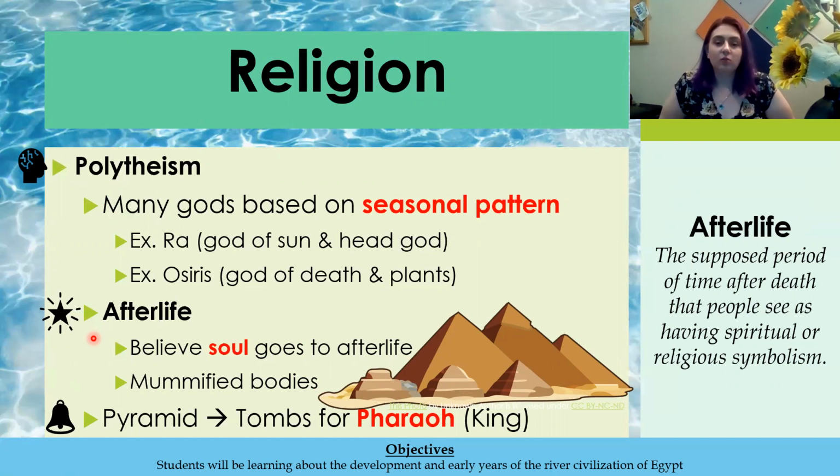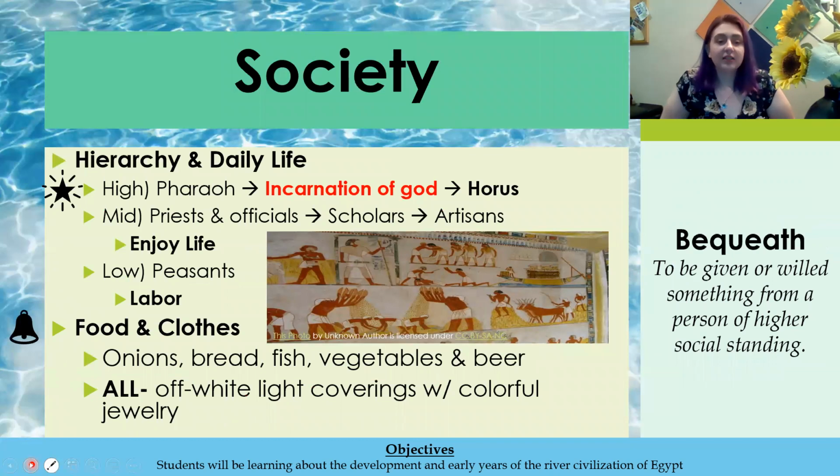Living at the time was more about doing the things you need to do until it was time for you to die. Society also revolved around these concepts, specifically daily life. Just like many other civilizations of this time, you have a hierarchy.